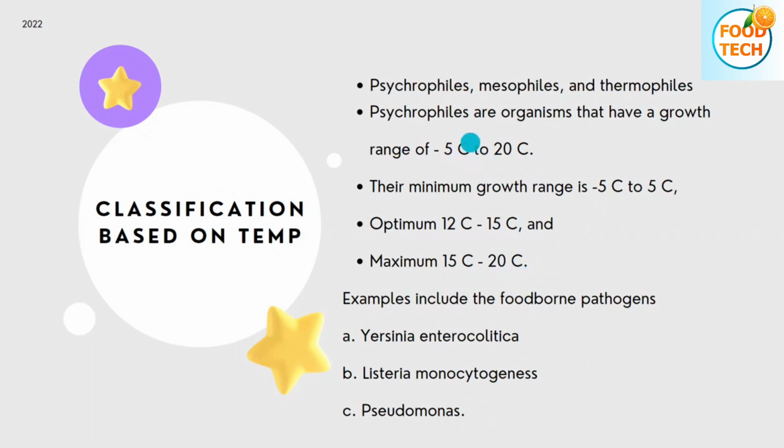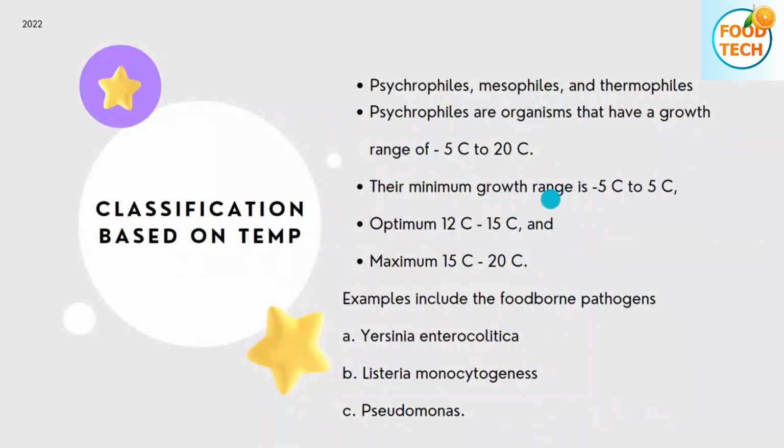But the thing that they want to say is, even if you refrigerate your food, the psychrophiles can attack your food. This has a wide range of temperature survival. Even if you keep your food in the freezer, it can get spoiled because of these psychrophiles, because they can even survive at -5 degrees.